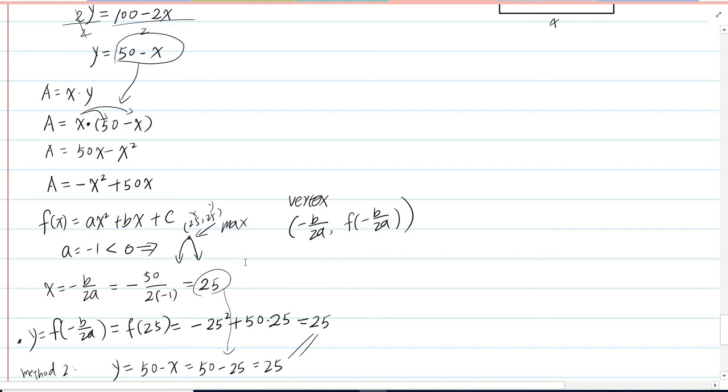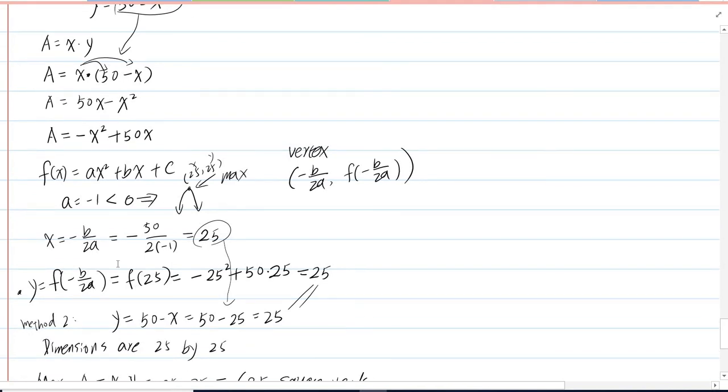Because they're asking for a maximum, your a is never going to be a positive number, because when a is positive, you're going to have a minimum. Okay? And then you plug in your x equal to negative b over 2a. Then once you find your x, you can find your y easily.